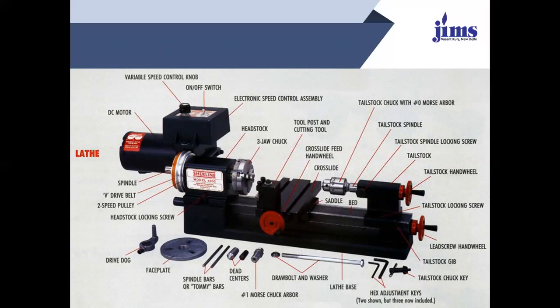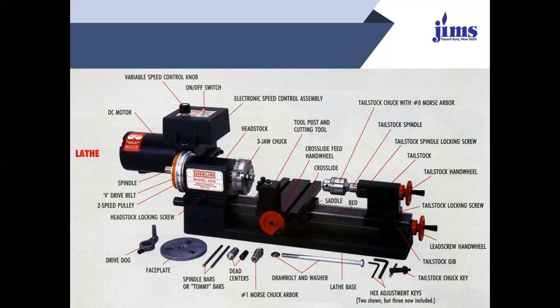There is a chuck arbor, draw bar and washer, lathe base, adjustment keys, tailstock chuck key, tailstock jib, lead screw handwheel, tailstock locking screw, tailstock handwheel, tailstock spindle locking screw, and tailstock chuck with Morse taper arbor.